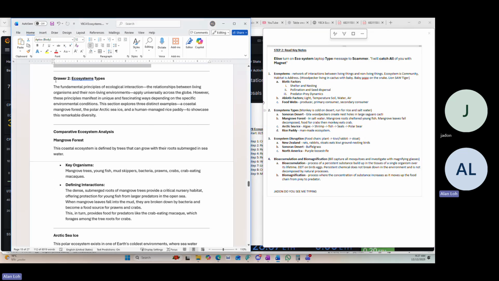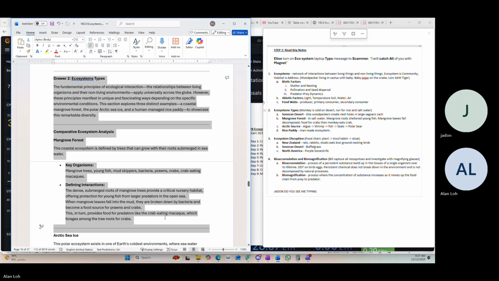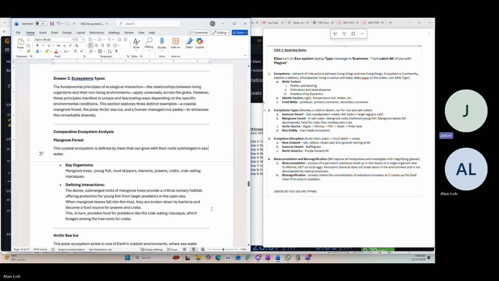Now let's go to the second. Which drawer? What's the name of the drawer? Can you tell me the name of the drawer? The drawer ecosystem types. Excellent. Let's read. Drawer 2.